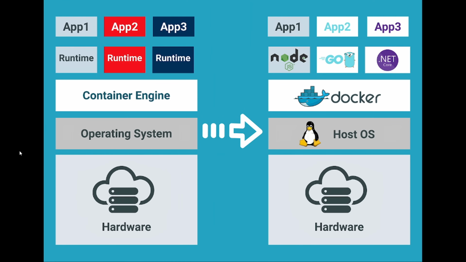In this diagram, it is clearly defined. Let's suppose we have three containers: one is app1, one is app2, and a third one is app3. Every container has its own runtime environment, because all the containers run on a Docker engine, the container engine.